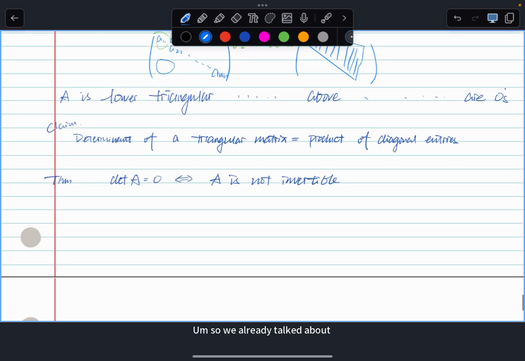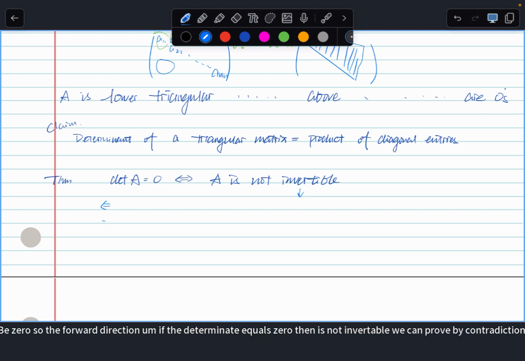We already talked about the backward direction: if A is not invertible, then A has linear dependence, so the determinant has to be 0. Now the forward direction: if the determinant equals 0, then A is not invertible.